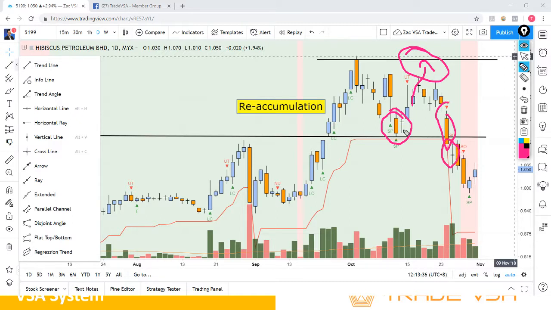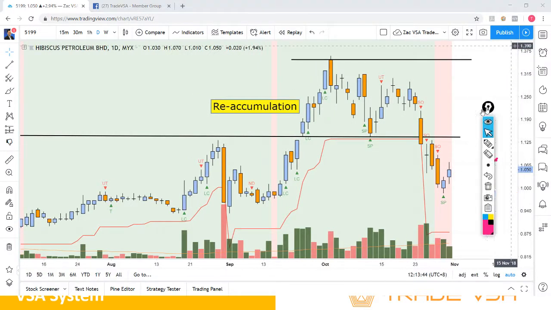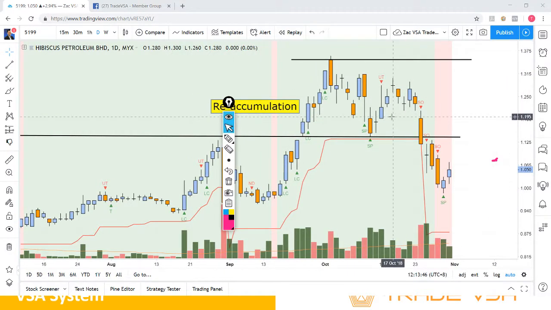From here to here, how much is the percentage? Assuming I buy over here at 1.18, I think around 8-9% probably of losses. Let's say I can take some partial profit over here, I will take some.